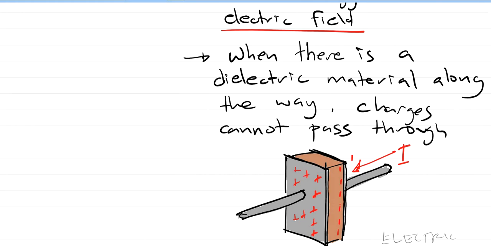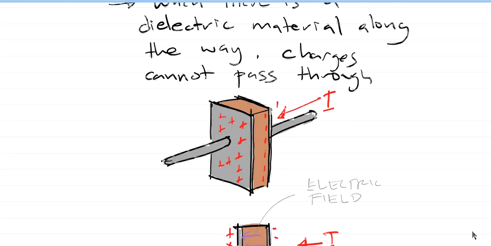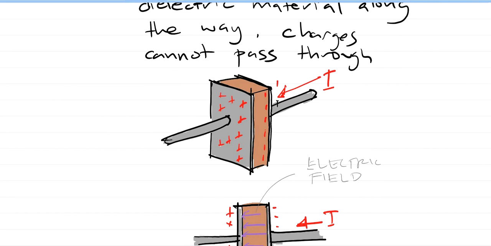It's simply because, let's say we have this wire right here. So here's our wire, and here's another wire or a conductor, and it's separated by some dielectric material.